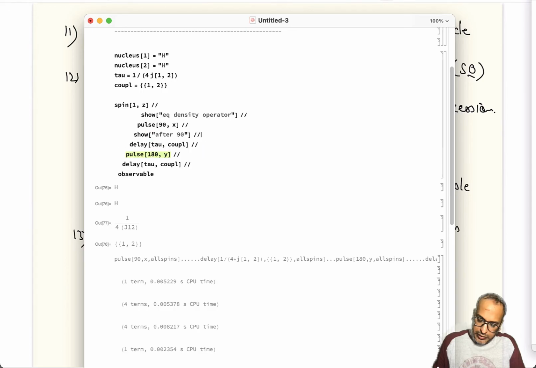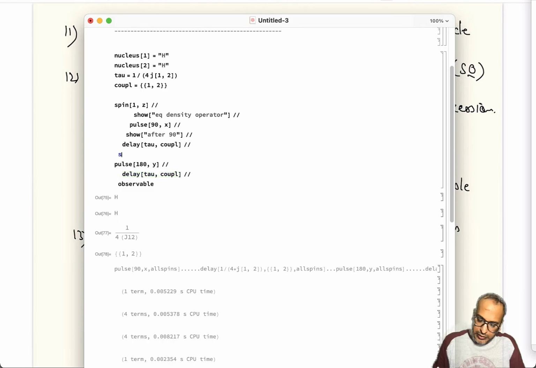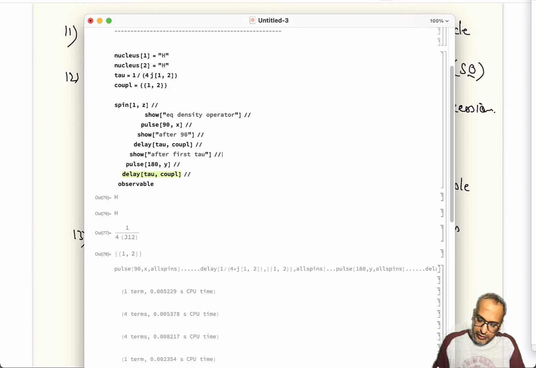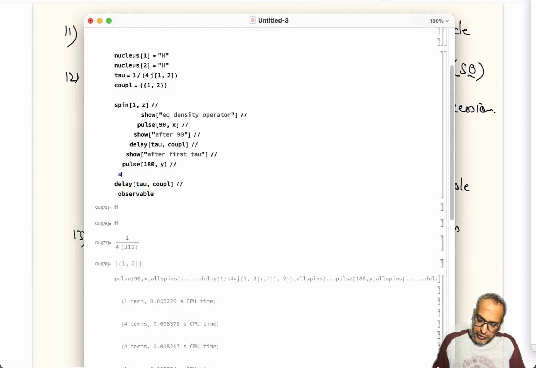Okay, then we can say show after first delay, or after first tau. Then again we will say show after 180.